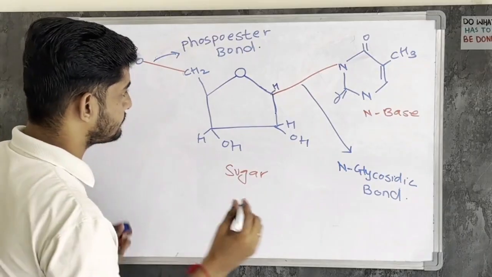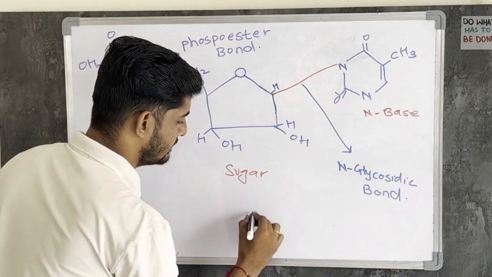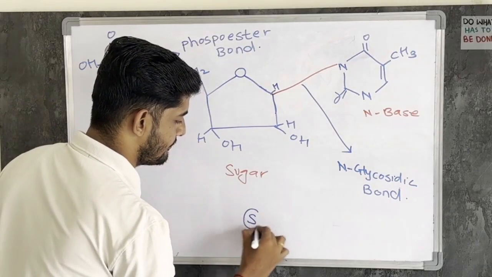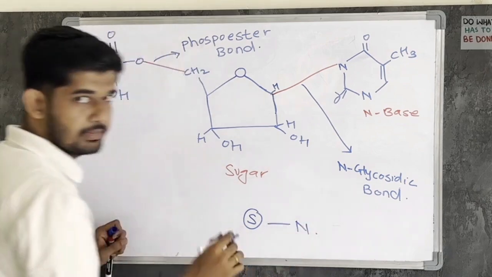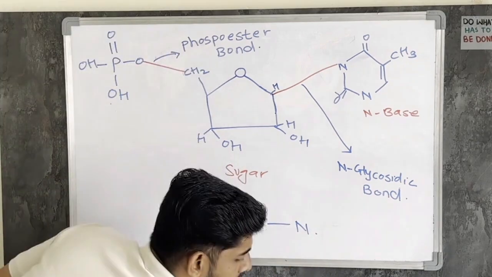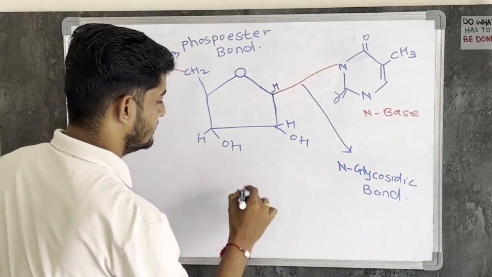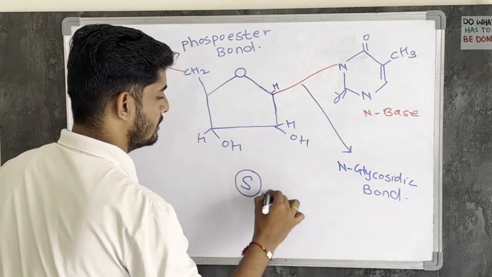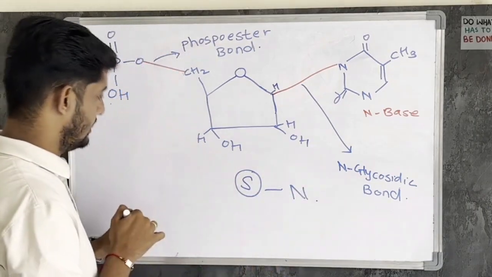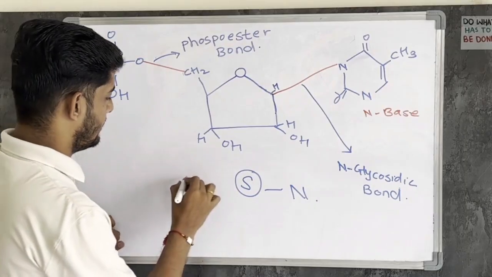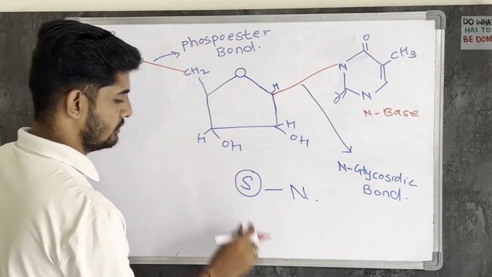So here, let's suppose I am only drawing the sugar. This will be the nitrogen base. This is our sugar, and this is our nitrogen base. Now there will be formation of the phospho.